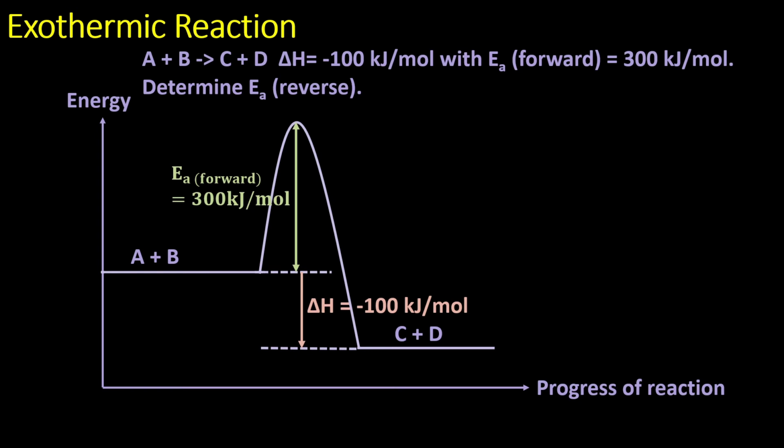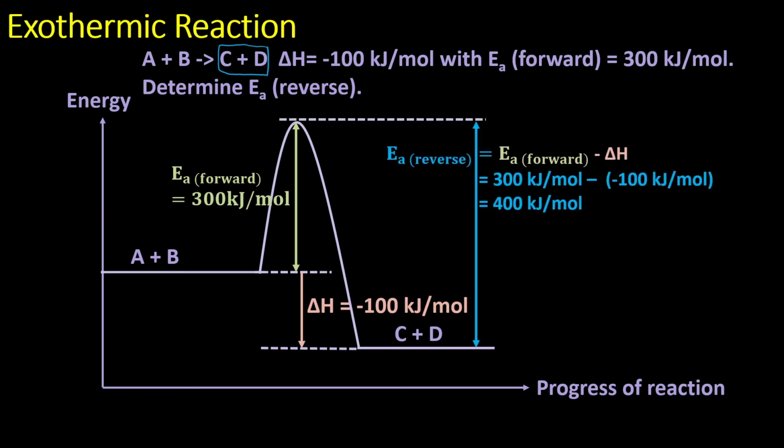For the reverse reaction, now C and D become the reactants. Therefore, the activation energy for the reverse reaction should be labeled from C and D to the highest point in the energy profile diagram, or to the transition state.